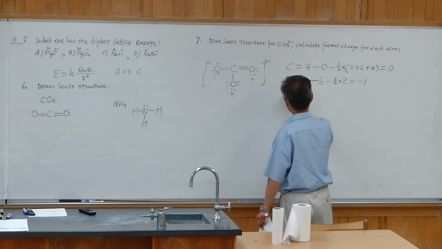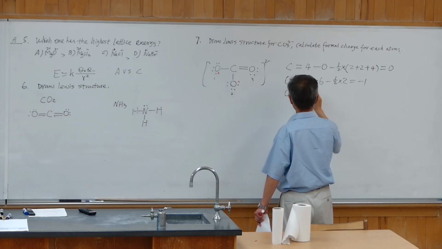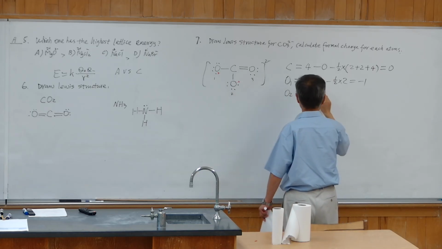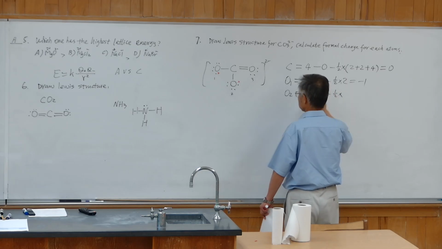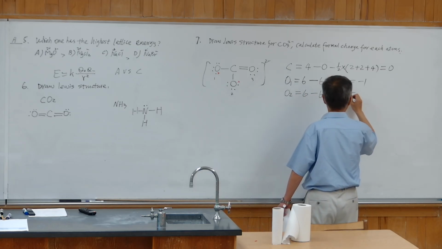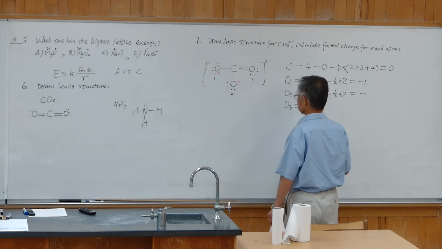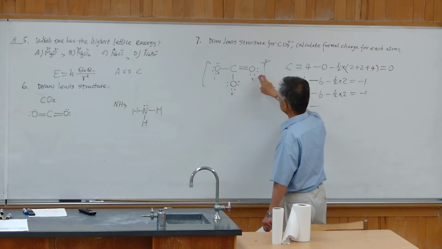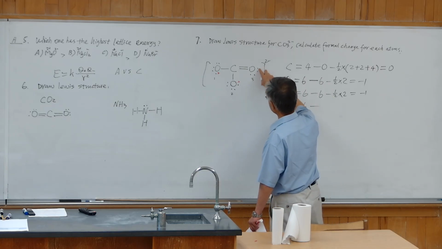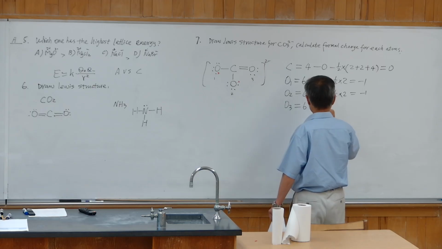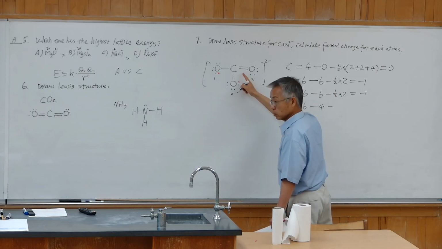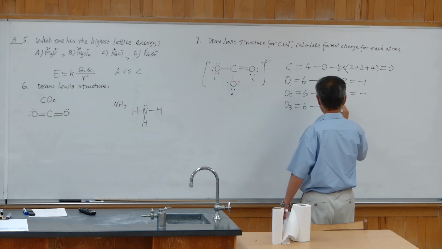Then O2 is the same: 6 minus lone pair 6 minus 1/2 of single bond 2, so also -1. While O3, isolated oxygen is always 6, but in this structure these 4 belong to oxygen, definitely. And this double bond is shared with carbon, so 1/2 of double bond 4 is 2, so 0.